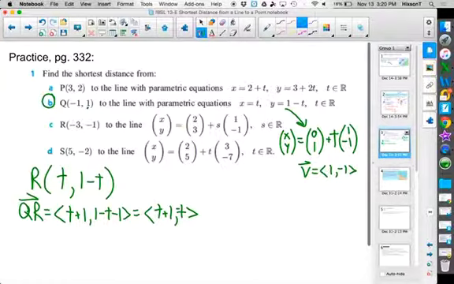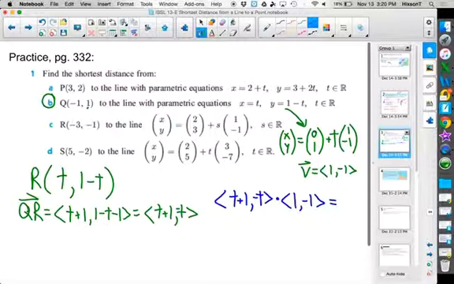Now we can dot product, okay? Doesn't matter the order. (t plus 1, negative t) dotted with (1, -1) has to equal 0, because the shortest distance will always be measured perpendicularly, okay?